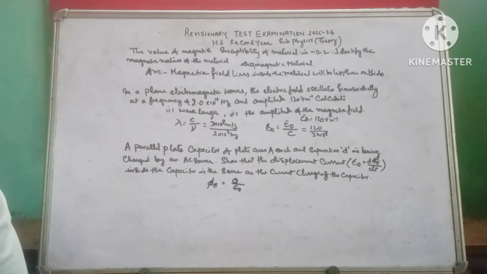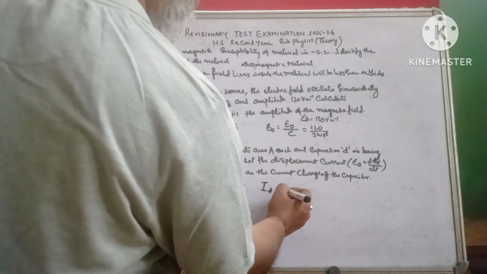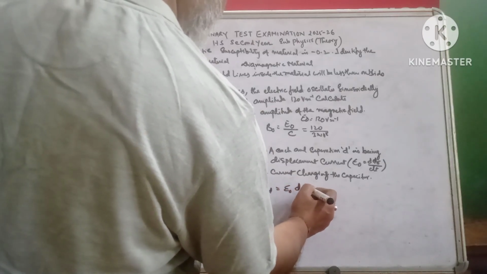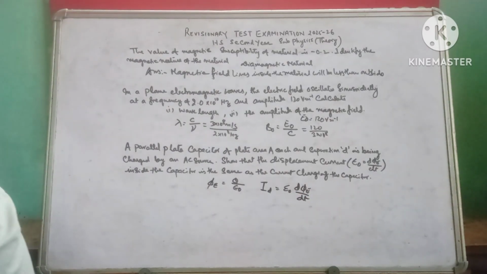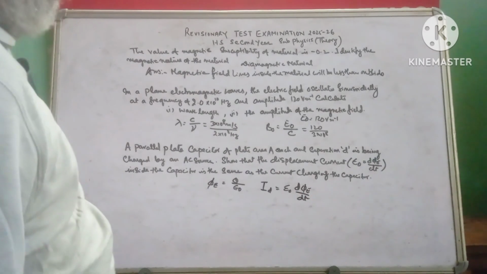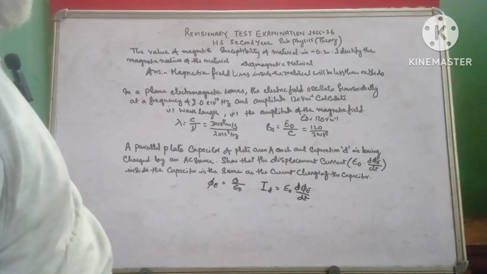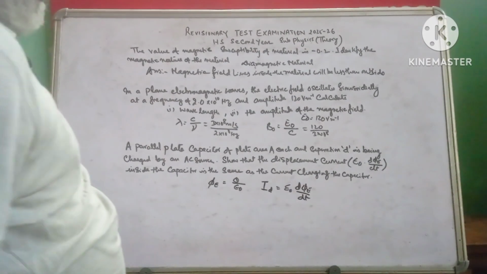And you have studied that displacement current I d is equal to epsilon naught d phi E by dt.